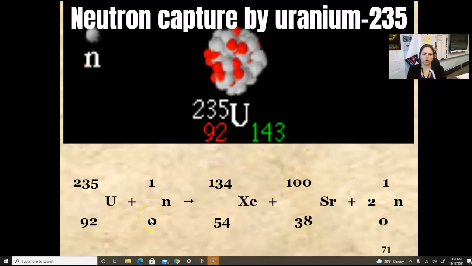So it's like you shoot one in, you get two back. This will make sense when we start talking about reactors. And then it produces xenon and strontium. So it makes xenon and strontium, and two neutrons.